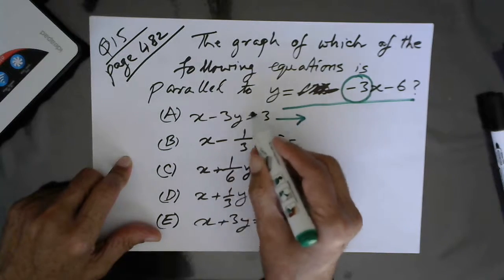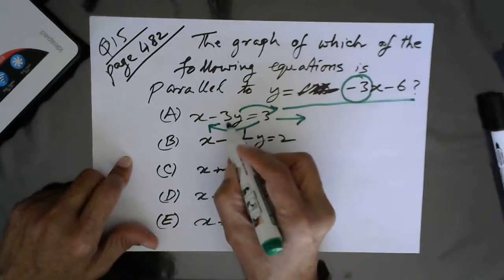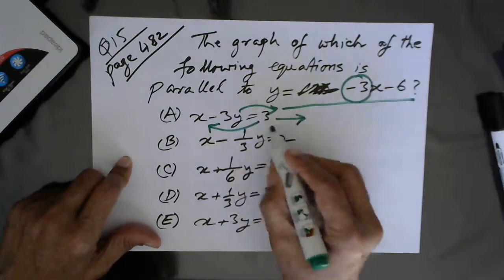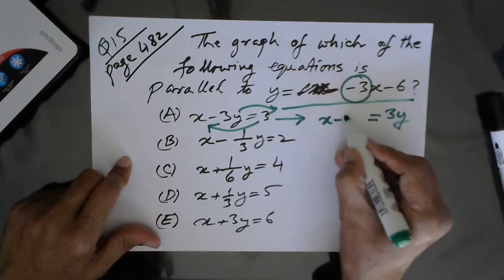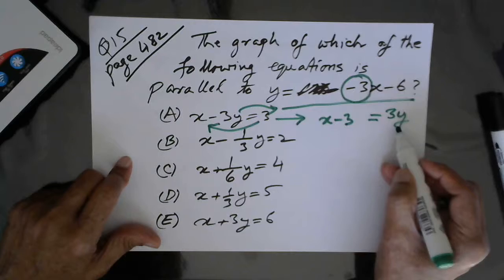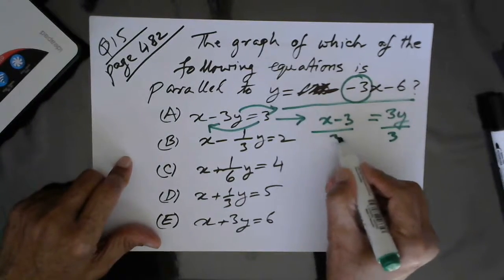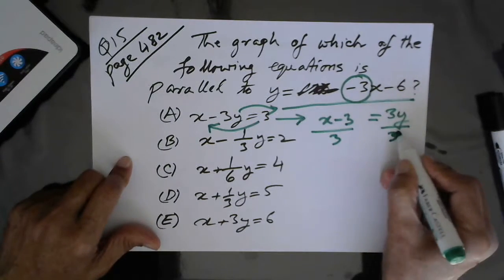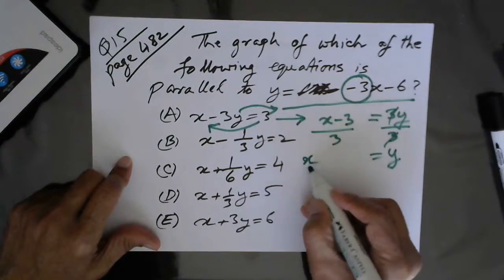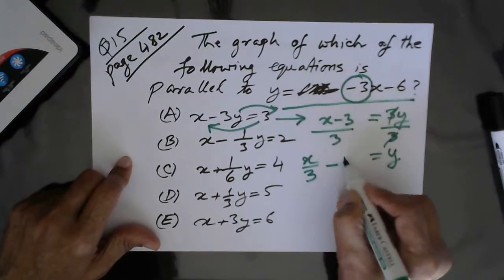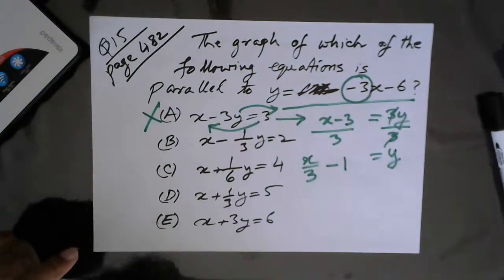I transfer 3y to the other side and 3 to the left hand side. So negative 3y will become 3y is equal to x minus 3. Well, we need y, so we divide by 3. We divide the whole of the right hand side by 3. This 3 cancels, this is y, and this is x divided by 3 minus 3 divided by 3, which is 1, and the slope is 1 over 3, so this is not the answer.